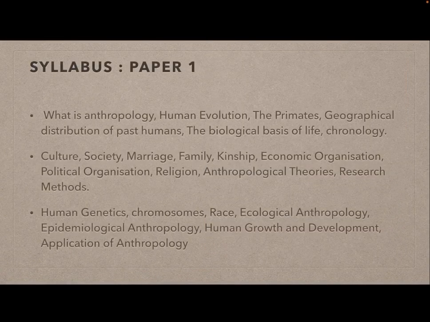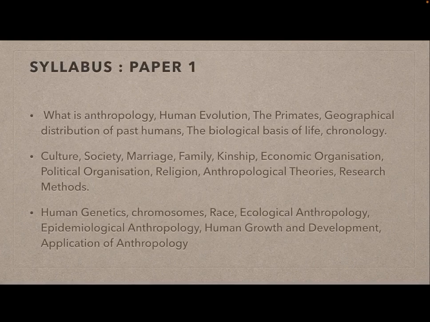Now come to the syllabus. So in UPSC, for the optional subject there are two papers, and each paper carries 250 marks. So let's discuss the syllabus of paper 1.